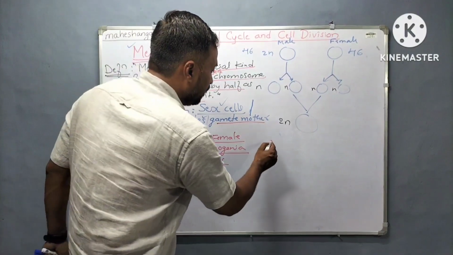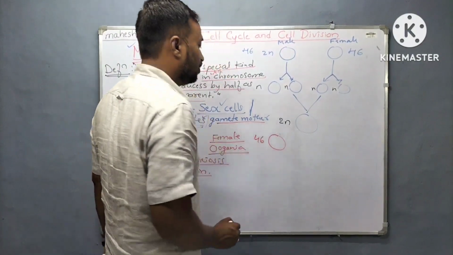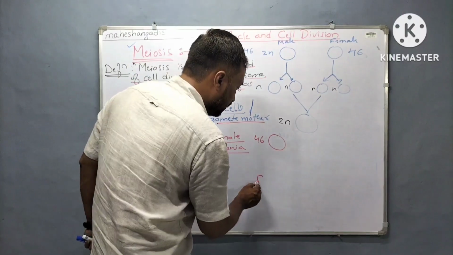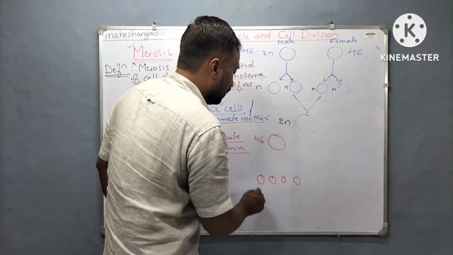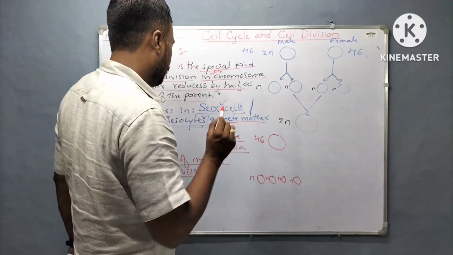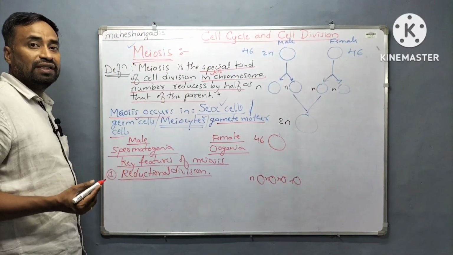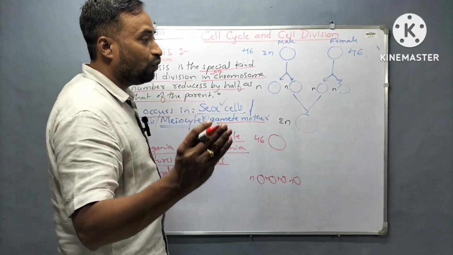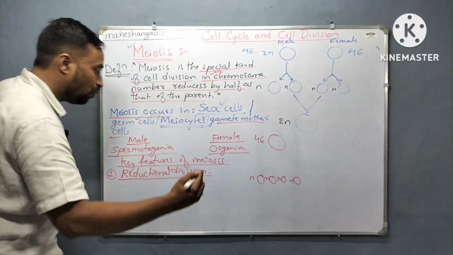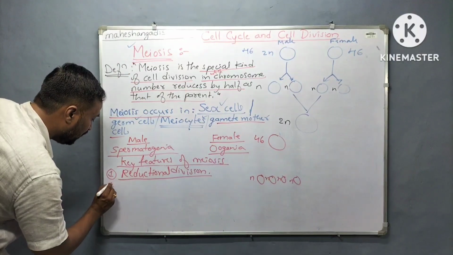Let's say, for example, if the parent cell has 46 chromosomes, then by the end of meiosis, the gametes that are formed are going to be haploid. At the end of meiosis, four haploid gametes, or four haploid daughter cells, are formed.